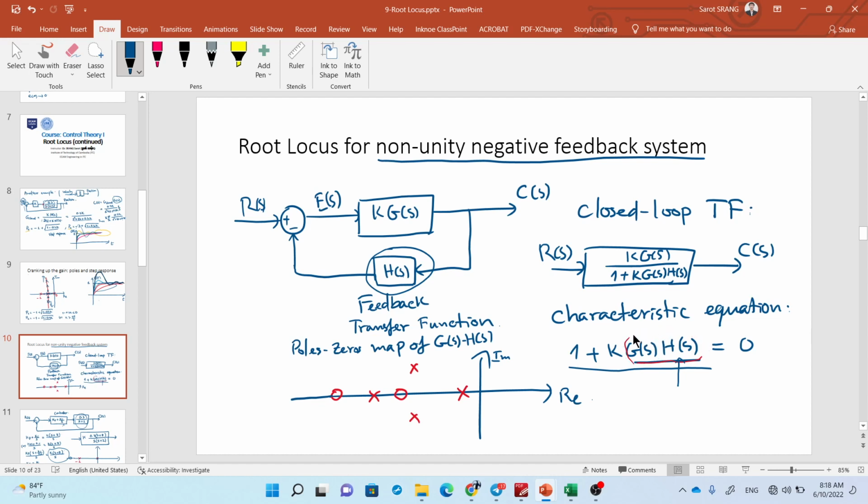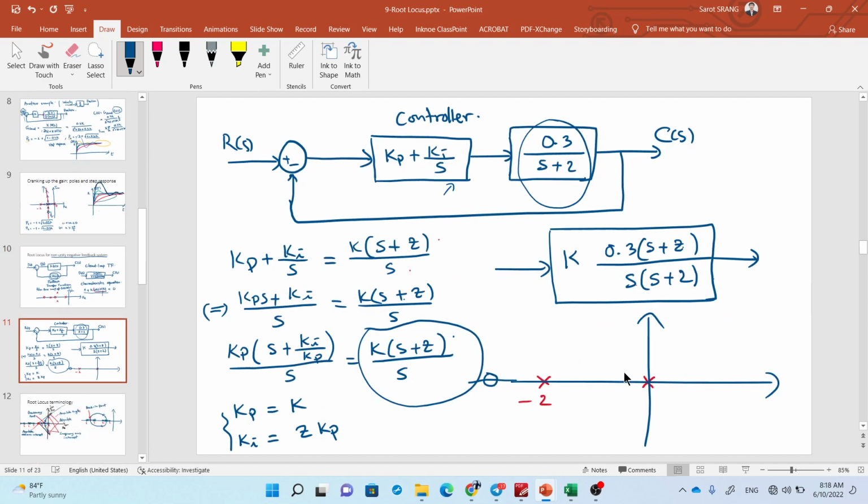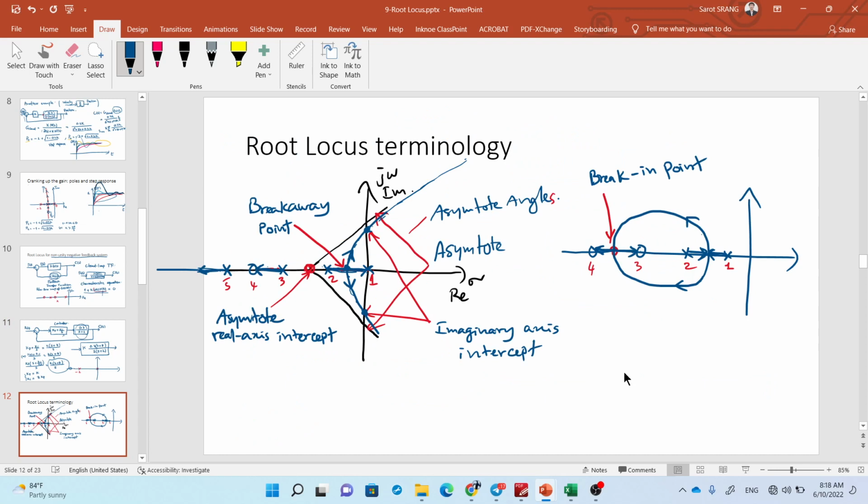If the feedback is just unity, then h of s is just one, so you have only 1 plus k g of s. I'm not going to explain in detail again. I will recall a little bit the terminology of root locus.